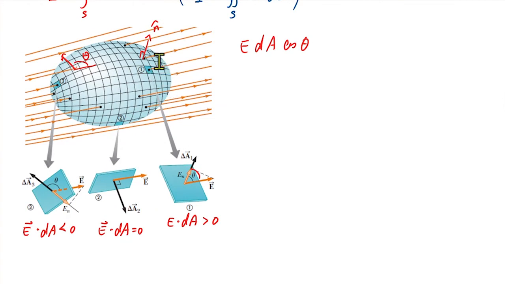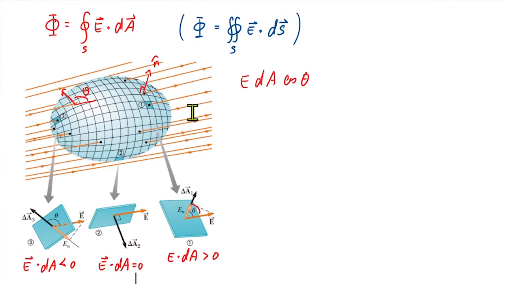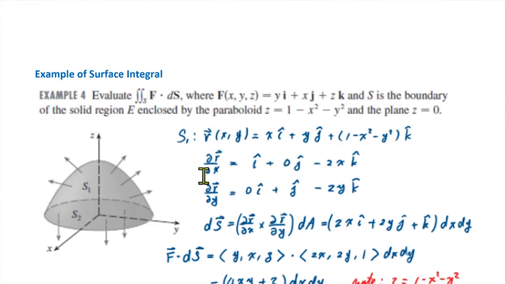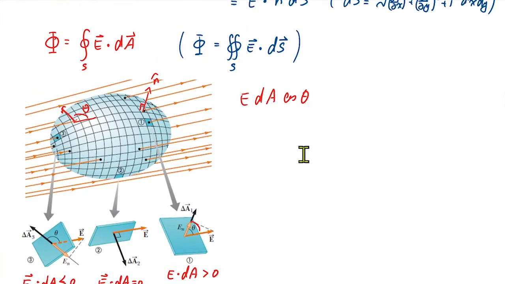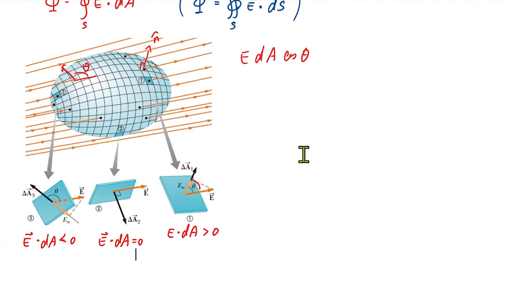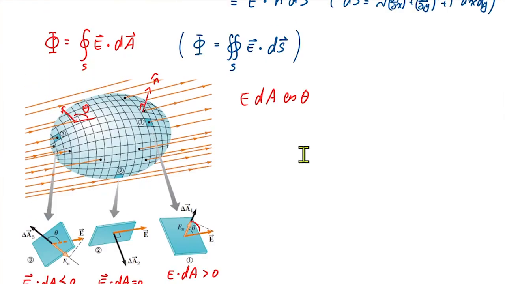So when we count the flux, it's the number of flux lines penetrating our surface, and then we add them all up, which is what this ugly integral right here gives you. Okay, so far, so good. This was the grand introduction to surface integral and what Gauss's law really is.